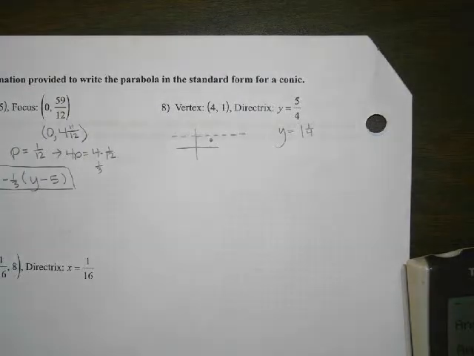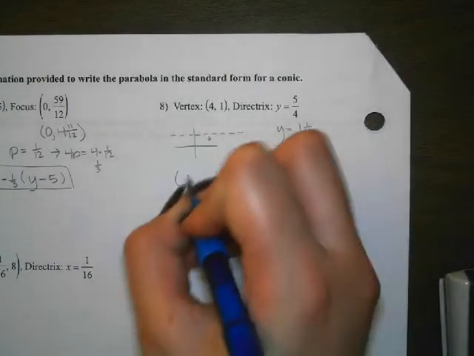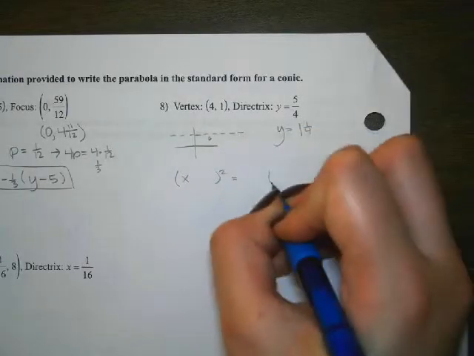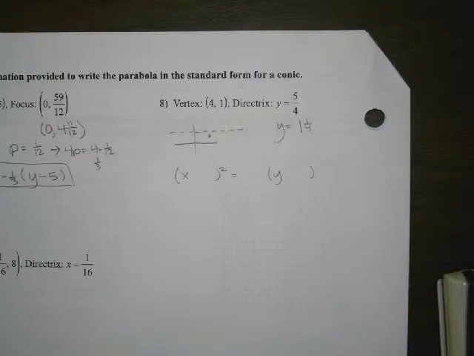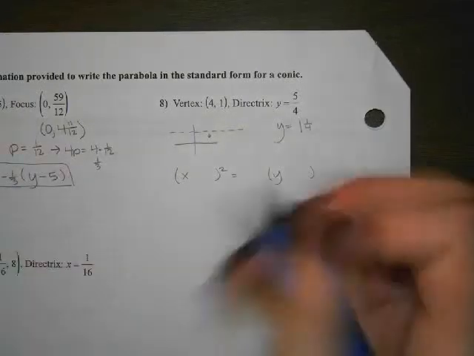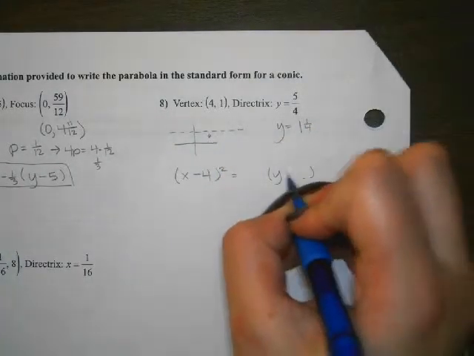So which direction does our parabola open? Down. So that means that if we look at our packet, we're going to have an x squared, a number, and then a y. Say it again. x minus 4, y minus 1.